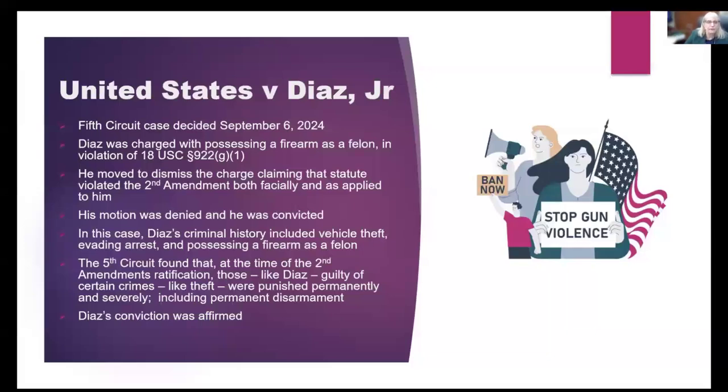There's a lot in this case, Rahimi, you need to look at, because there's a lot of going back and looking at what was going on through history, so you get an idea of how you might argue that to the court if these questions come up in a case that you have.